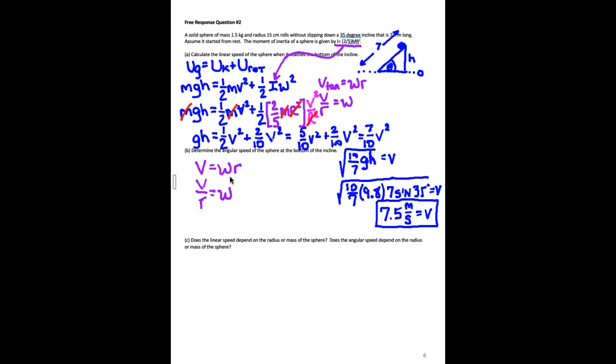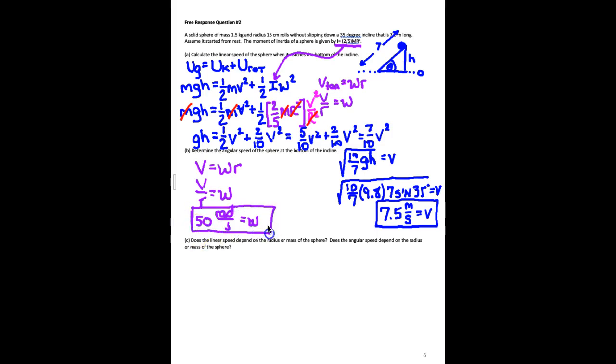And when I plug these numbers in, that's just going to be 7.5 divided by 0.15 meters, and I get 50. And I'm going to get standard units of radians per second, is equal to omega. Okay, so that's my answer for part B.